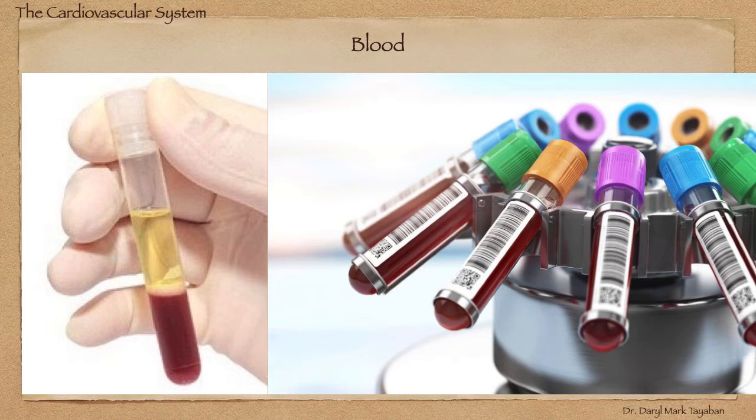The one in the middle is the buffy coat. It's composed of white blood cells and platelets. It's a very thin line. Then below is the red blood cells, which is around 45%. So plasma is 55% and red blood cells 45%.